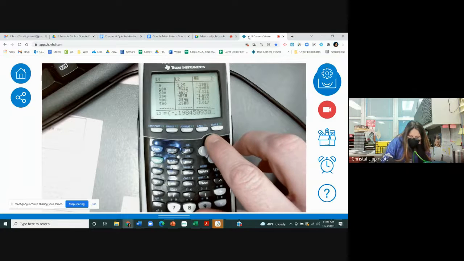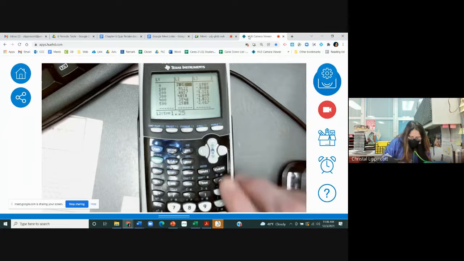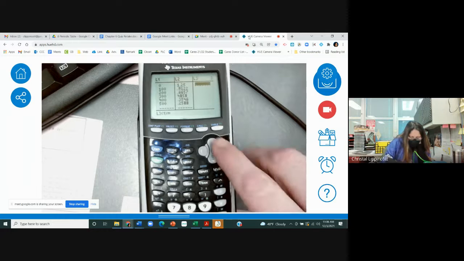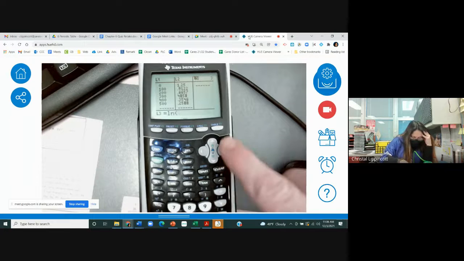Did this change my data when I changed those numbers? No. It didn't? So I'm going to have to clear that and re-enter that. Okay. Enter. And then I got to go up here. L3 is going to be the natural log of my list 2.